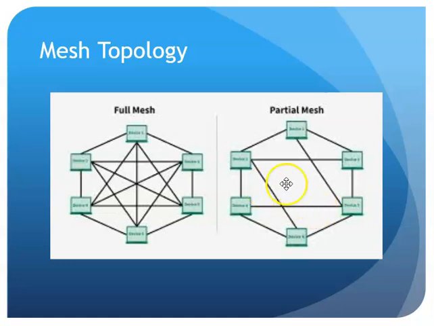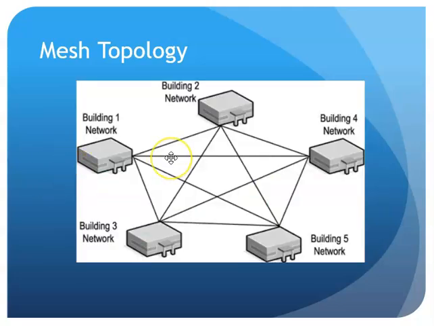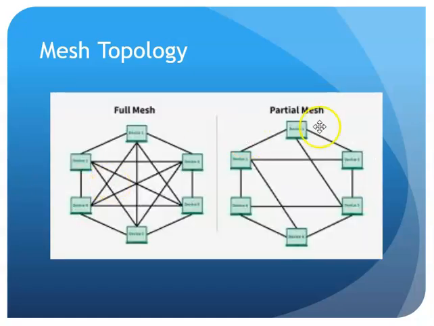That would be at least a partial mesh topology, backup routes. Full mesh is very expensive because you're having all these individual connections that you're renting, if you will, or buying or putting in. Many places at least do a partial mesh, so you have some redundant connections. That is your mesh topology.